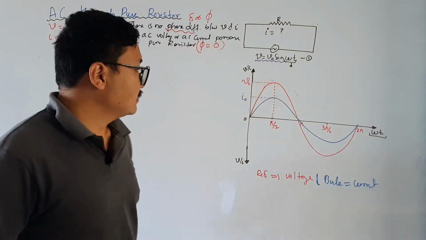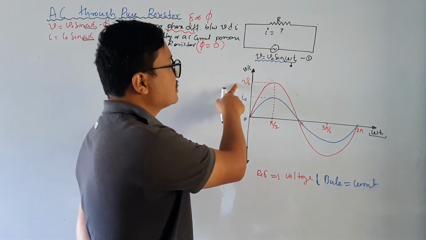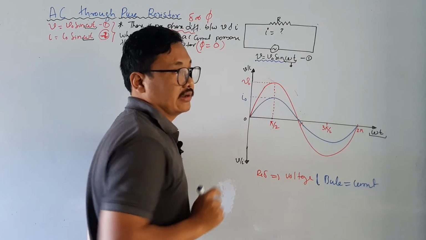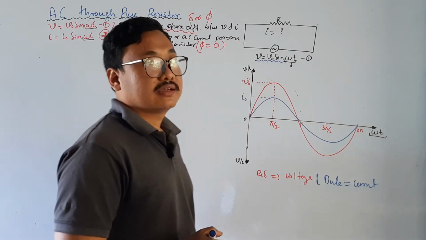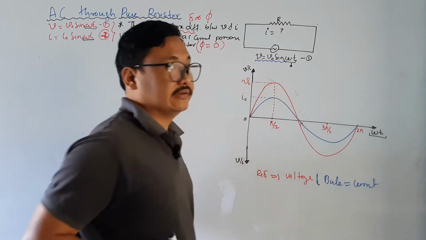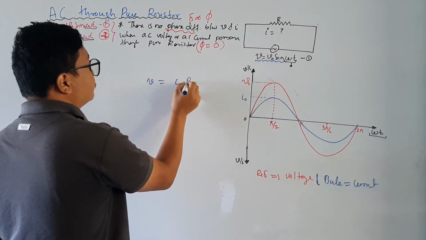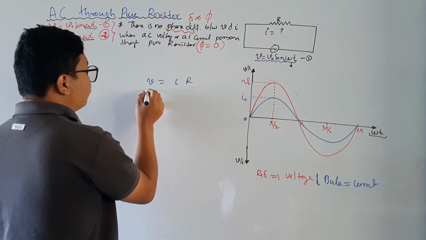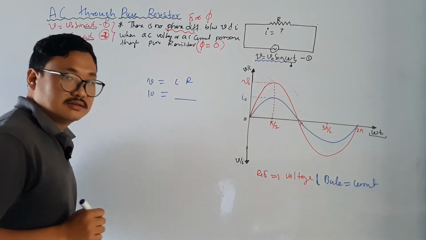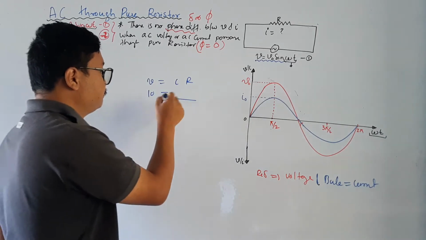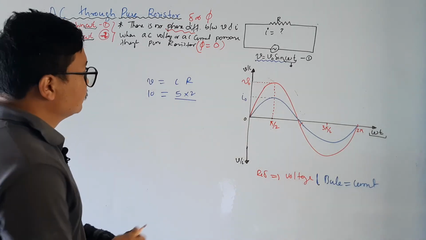Okay, there is one more interesting thing to remember: voltage will always be higher than the current. Voltage is always higher than the current, because in any circuit voltage is larger than current. Why? Because we know that V is equal to I into R. Suppose V is 10, then the other side has to be 10 because there is an equal sign, so I write this as 5 into 2, which is 10.